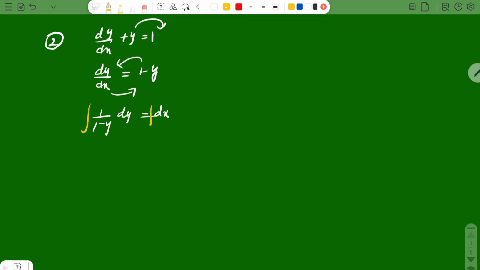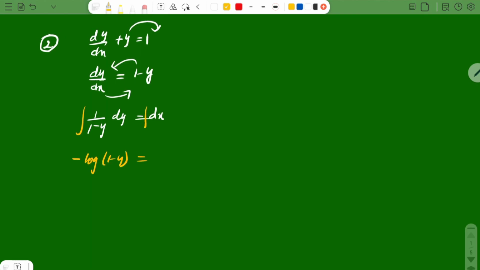So the integral of 1 by 1 minus y, I can write as log of 1 minus y, but it has a negative, so negative log of 1 minus y, which is equal to the integral of dx. The integral of dx gives x, plus I can take the constant as log c.